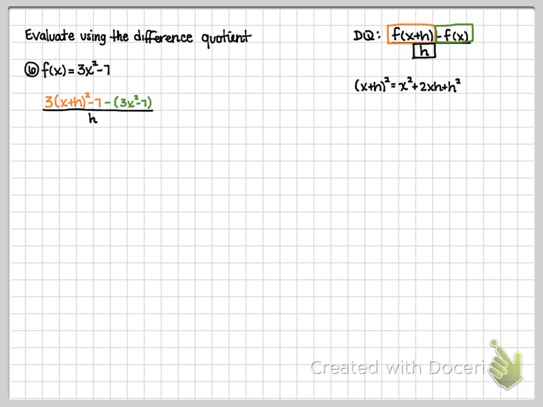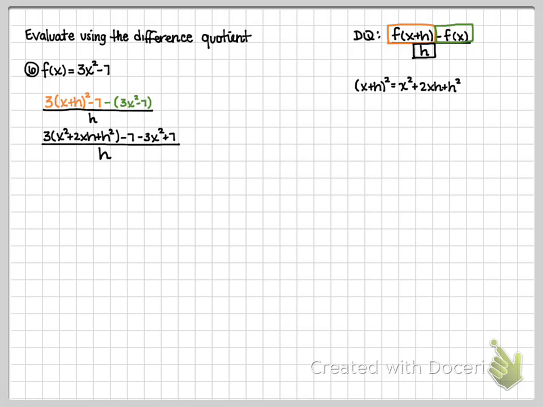So now I'm just going to go ahead and clean this up a little bit. So replace my x plus h squared. I'm going to go ahead and distribute that negative sign as well. Don't forget the h.